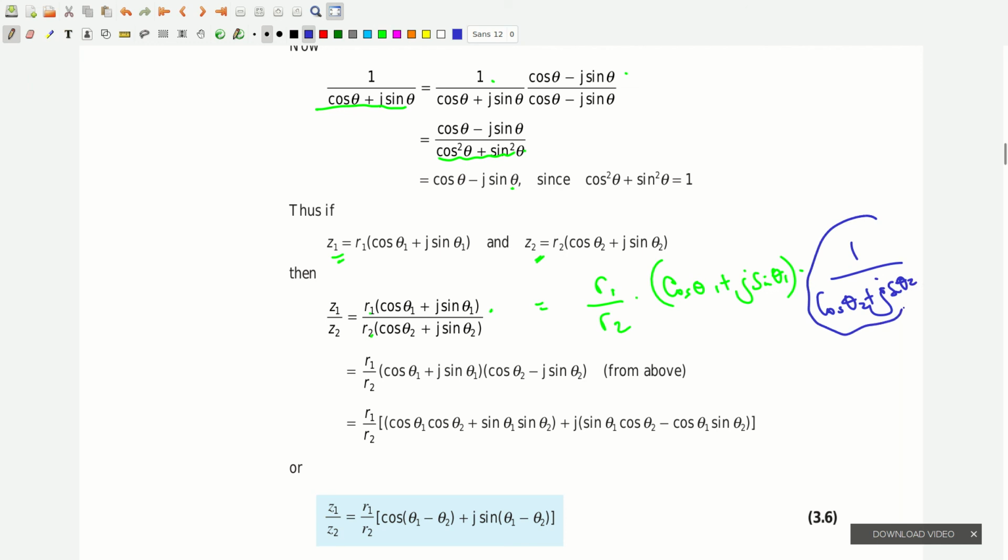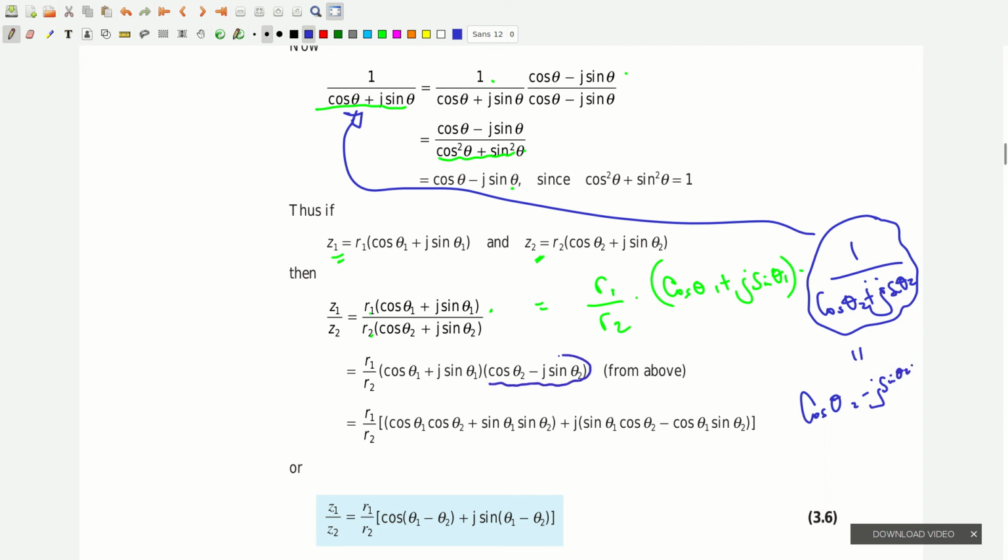But we know this in blue is exactly what we have here: 1 over cos theta plus j sine theta gives us cos theta minus j sine theta. So this one here in blue is simply going to give us cos theta 2 minus j sine theta 2. Then we multiply this times what we have here in green.